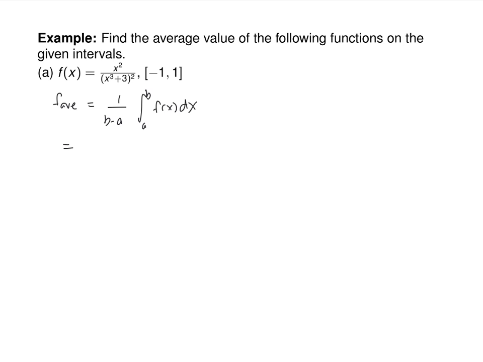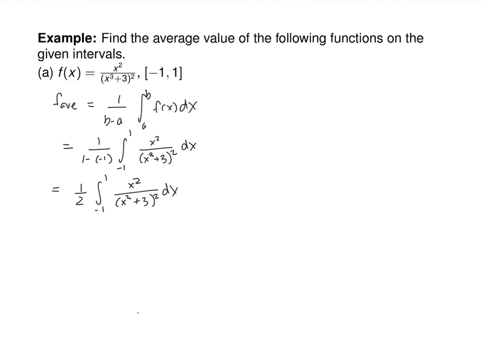So this will be 1 over 1 minus negative 1, integral negative 1 to 1, x squared over x cubed plus 3 squared dx, or 1/2 integral negative 1 to 1 x squared over x cubed plus 3 squared dx.